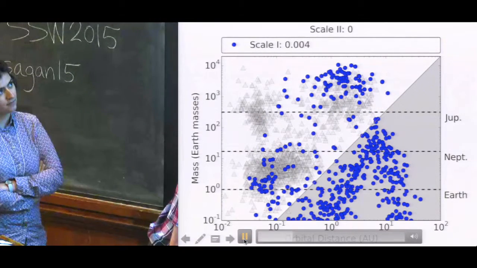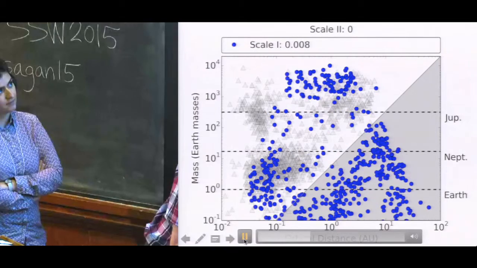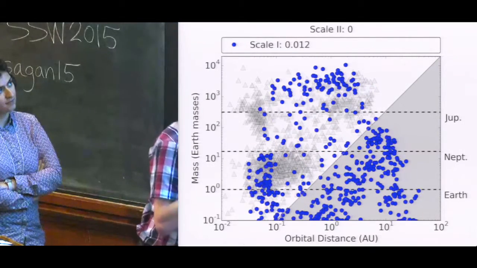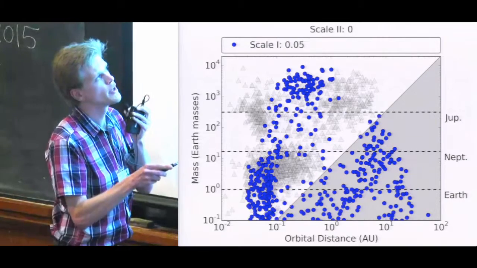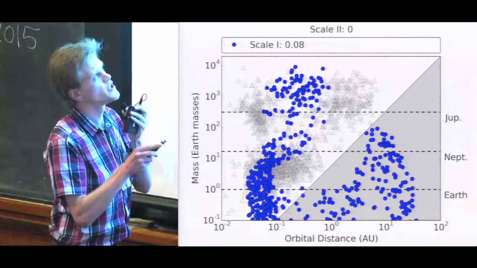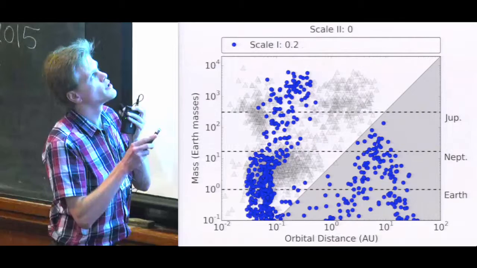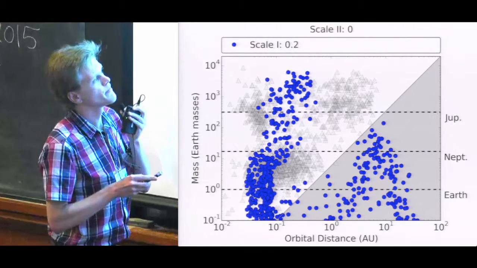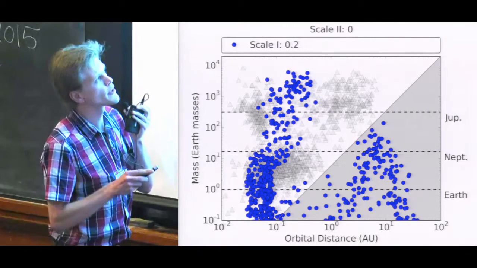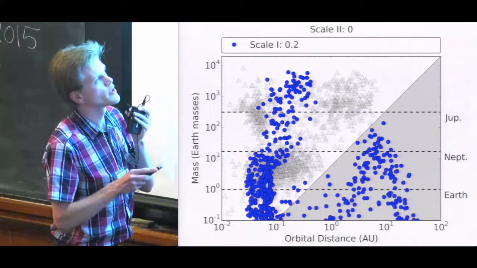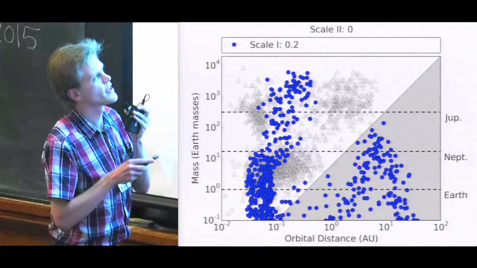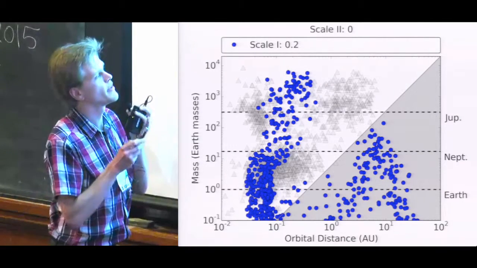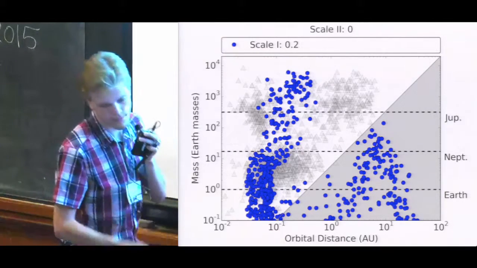And as you can see, as you increase the type 1 rate, you start moving planets from here, where we don't have any detection, towards the icy giants and somewhat towards the hot Jupiter population. At the same time, these super-Earths move across what we observe towards areas where we think they are prone to being eaten by the star.